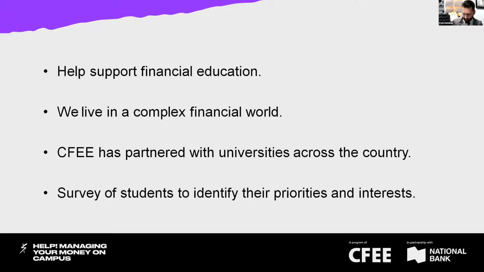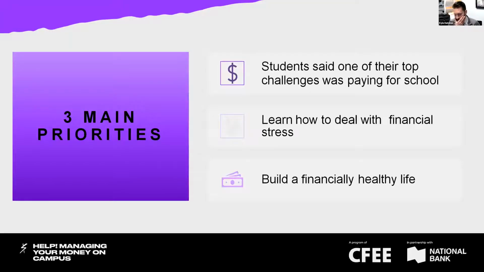In the first half of 2020, we asked students about their priorities and what they want to learn more about. Nearly 1,500 students answered our survey from 94 different post-secondary institutions. This is what we found out. 53% of students said one of their top challenges was paying for school, so over half. 64% of respondents want to learn how to deal with financial stress, and 55% want to build a financially healthy life.